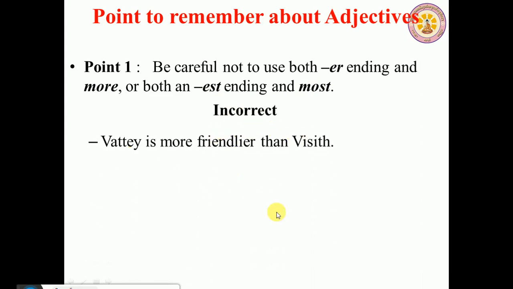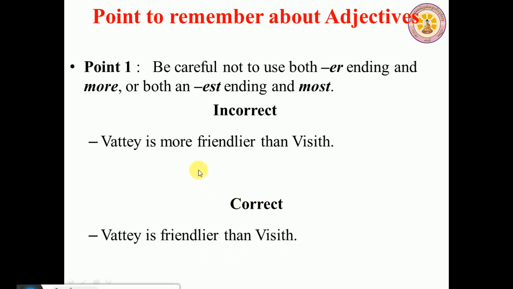This is incorrect. We cannot say "Vatai is more friendlier than we said", because this uses "more" and adds -er. So we cannot say it like that. For the correct one, we have to say "Vatai is friendlier than we said". Okay, we add -er. We use -er, not -er and "more" together like that.